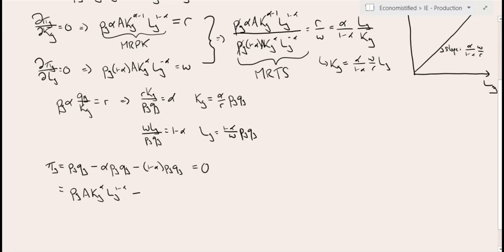I'll write it out like that for now and just keep the alpha PQ minus 1 minus alpha PQ. And now we can substitute in these expressions for capital and labor demand into this production function. So we have alpha over R times PQ to the power of alpha. That's capital demand. And then for labor, we have something similar.